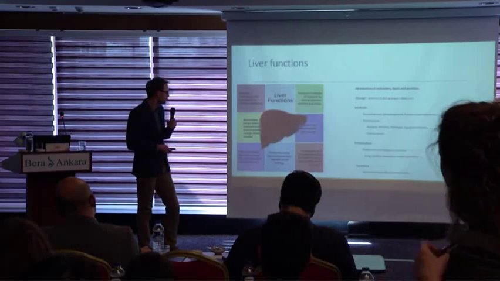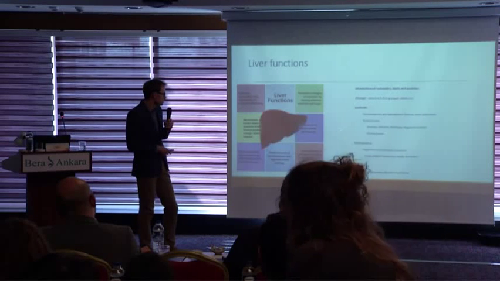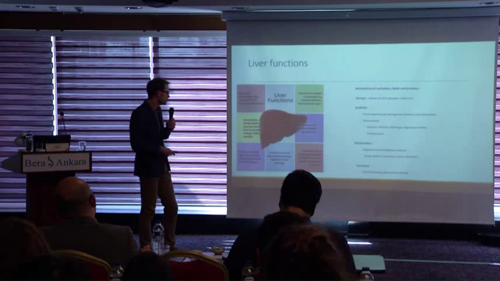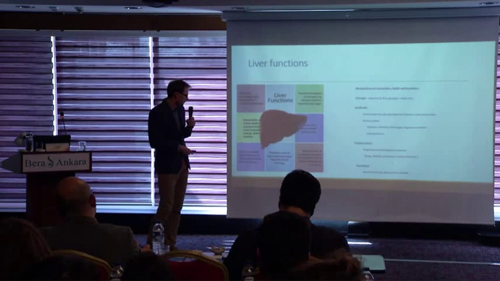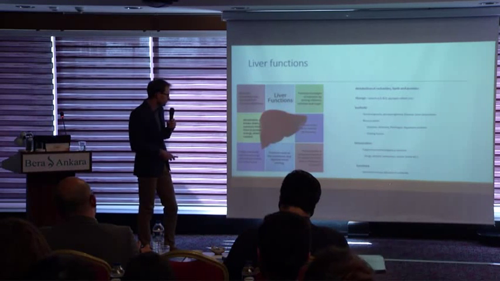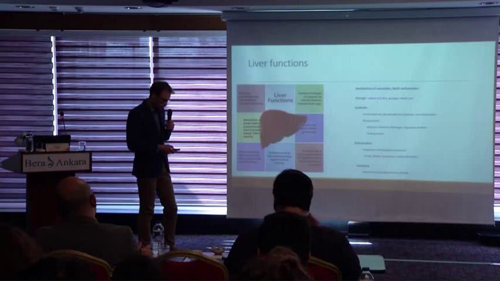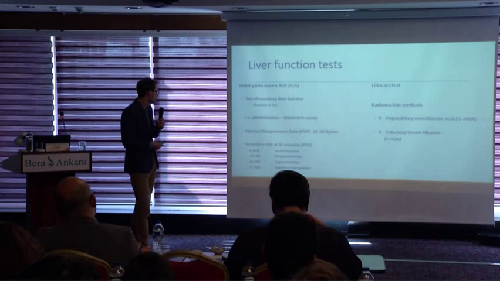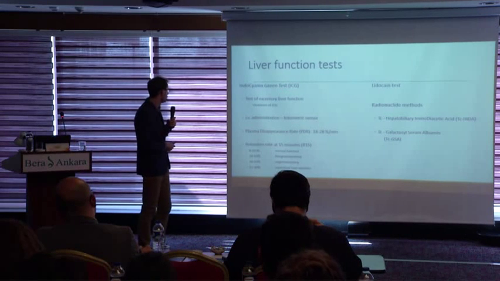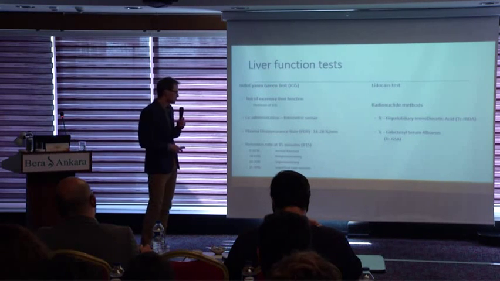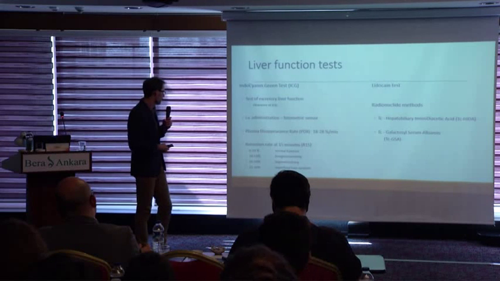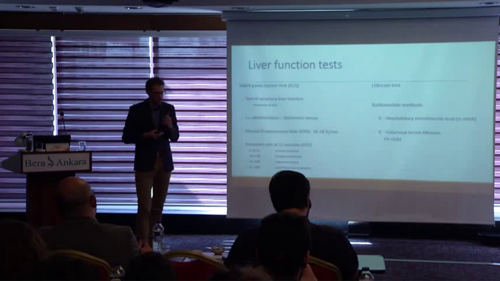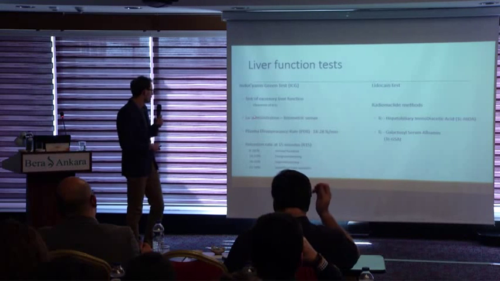You probably know it. For us as surgeons, the synthetic function of clotting factors is important. Also the effect of detoxification and the excretory function that we usually assess in liver function tests, like our ICG, indocyanine green test. As I said, it's a test of excretory liver function when we assess the clearance of ICG through the liver.